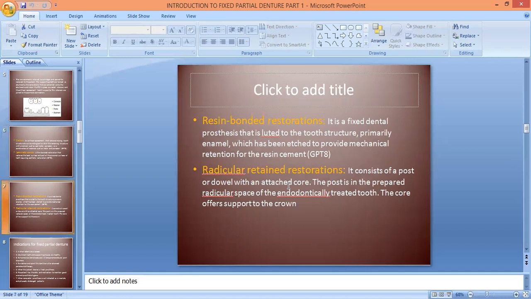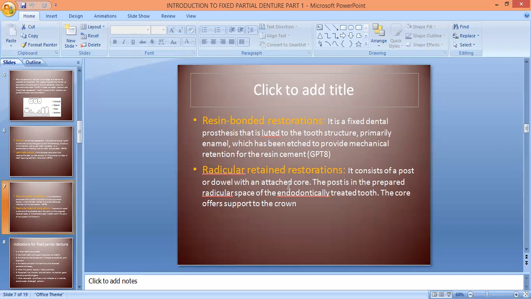Now, what are resin bonded restorations? It's a fixed dental prosthesis that is luted to the tooth structure, primarily the enamel, which has been etched to provide mechanical retention for the resin cement.